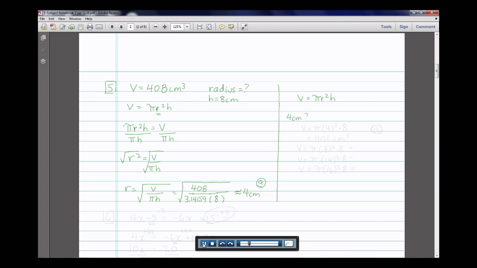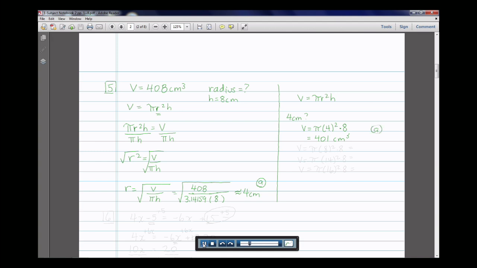So you'd go V equals pi times 4 squared times 8. And when you put that in, you get 401 centimeters. And it's going to be centimeters cubed because that was centimeters when you put the units in. So it just happened that the first one that you tried is A. You may have to try the others.